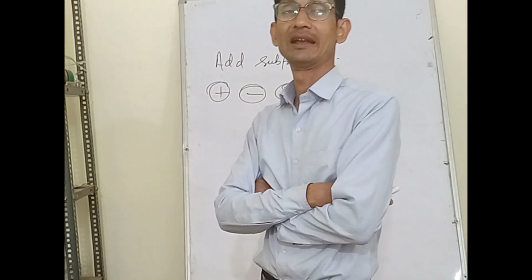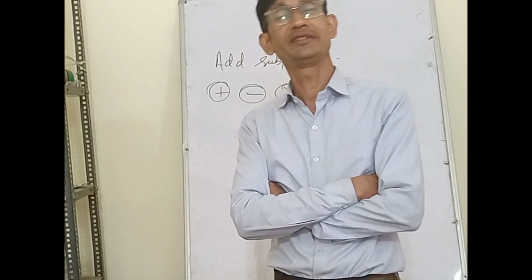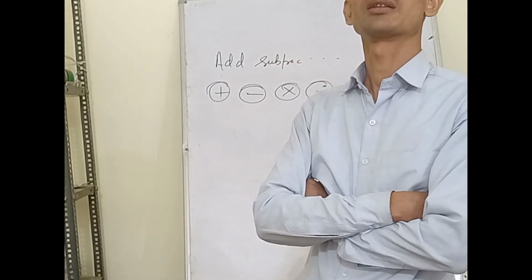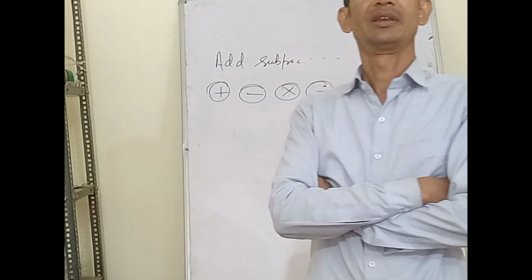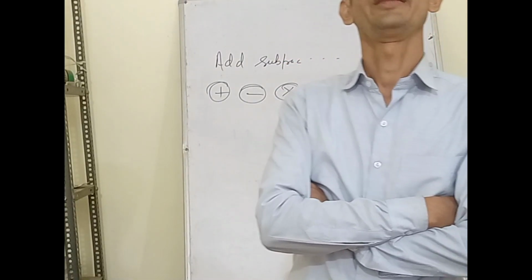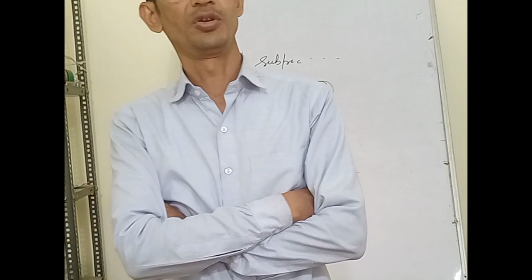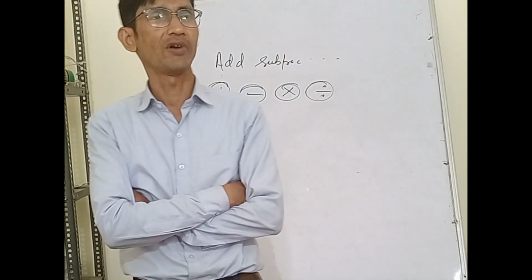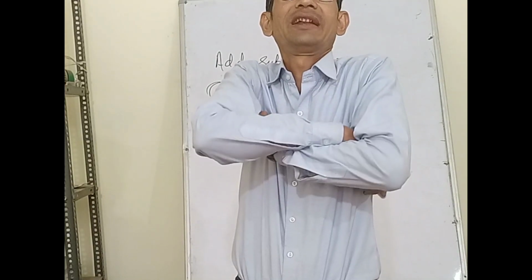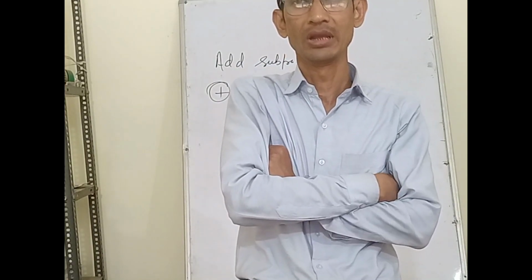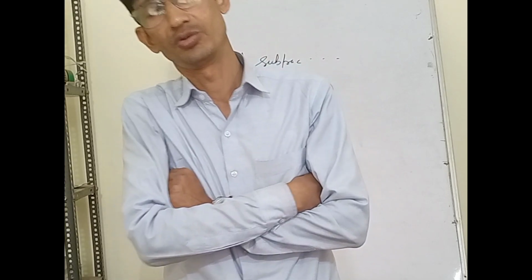From all these 10 digits, you are making so many more numbers starting from 0 to infinite: 1, 2, 3, 4, 5, 6, 7, up to 100, 200, 300, 400, 1000, 2000, lakh, crore, and so on.